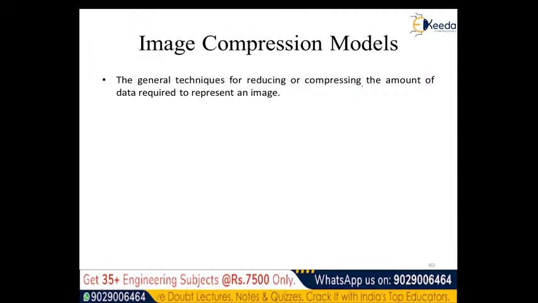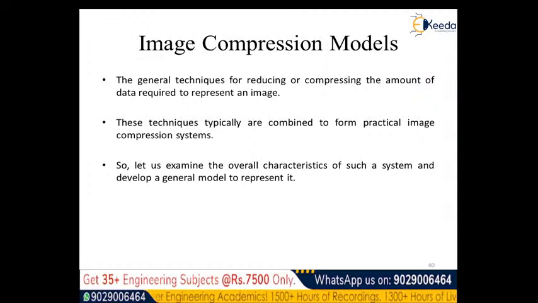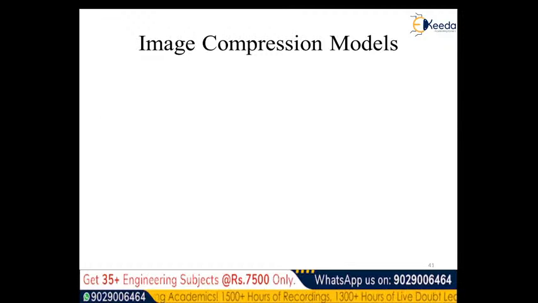The typical image compression techniques, if you talk about, form a combination of three individual things that make up the image compression system, which I am going to visualize for you in block schematic form. So let us examine the overall features, or the characteristics, of such an image compression system, our today's topic, the image compression model, and develop a general model to represent it.